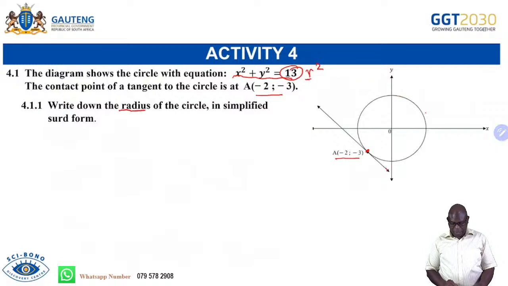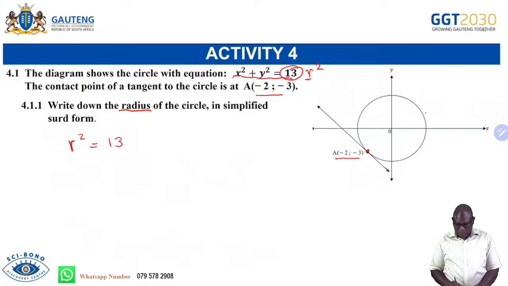Now here is the question. Write down the radius of the circle. In simple terms, if the radius squared is 13, we need to write down the radius of the circle in simplified surd form.